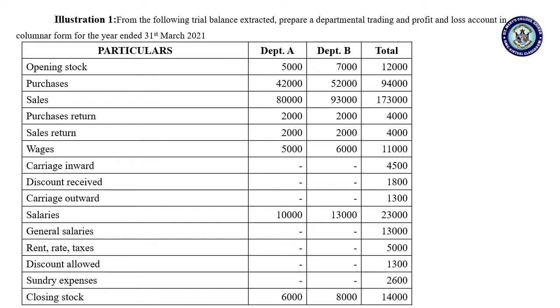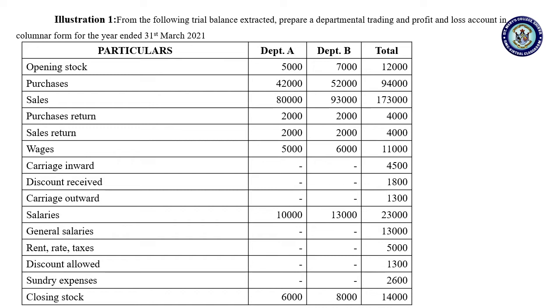Sundry expenses total 2,600, so in the total column 2,600.